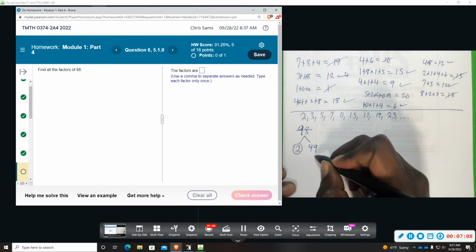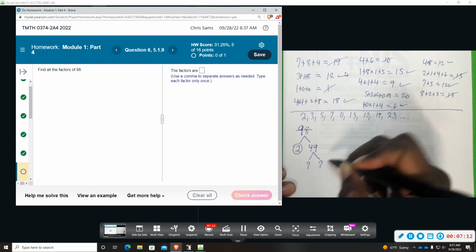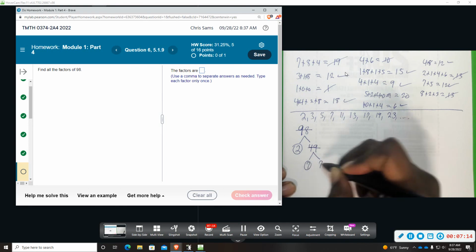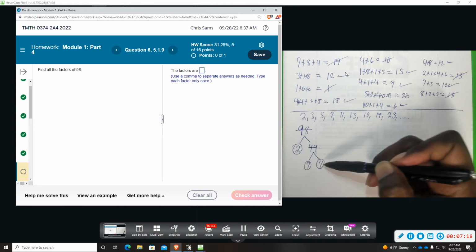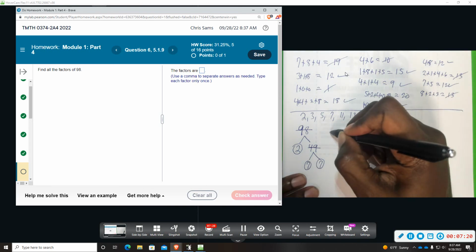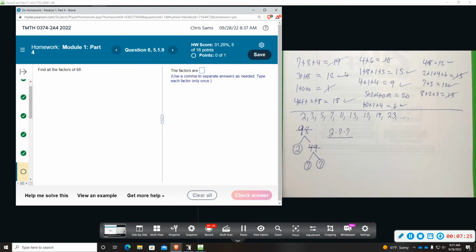And then 49 is 7 times 7. So these are my prime factors, 2, 7, and 7. If you multiply this, it will give you 98, which is what we started with.